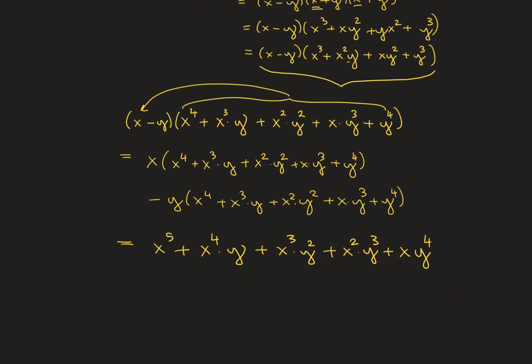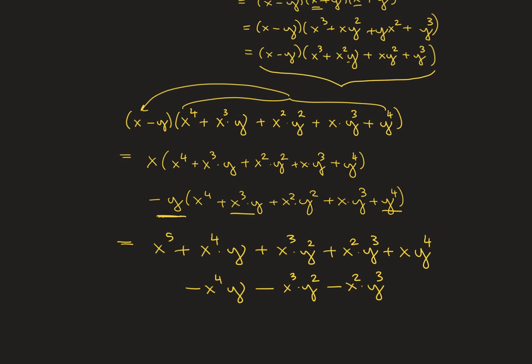Now distributing this negative y through this, I get a negative y times x to the fourth. That's also known as negative x to the fourth y. Negative y times x cubed times y, that's also known as negative x cubed times y squared. Negative y times x squared times y squared is going to be negative x squared times y cubed.